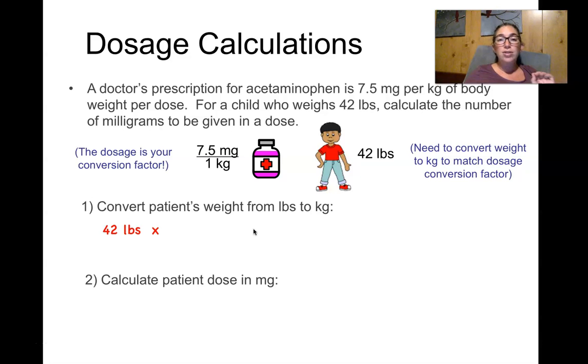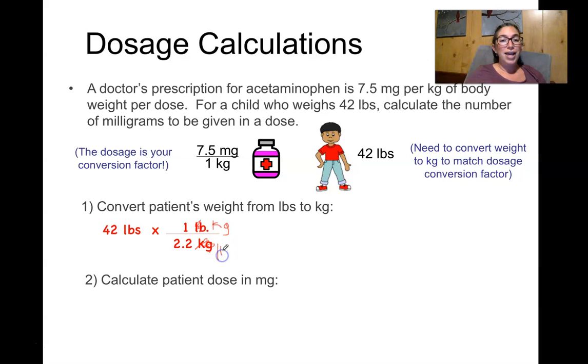The patient is 42 pounds, and we can look on the equivalency table and learn that 1 pound is 2.2 kilograms. Oops, I did this wrong. Kilograms are bigger than pounds. 1 kilogram is 2.2 pounds.